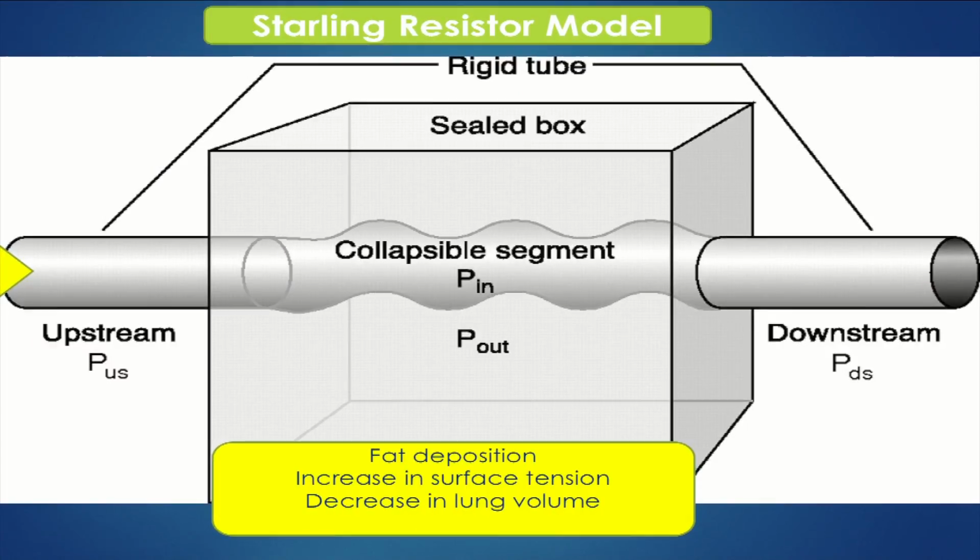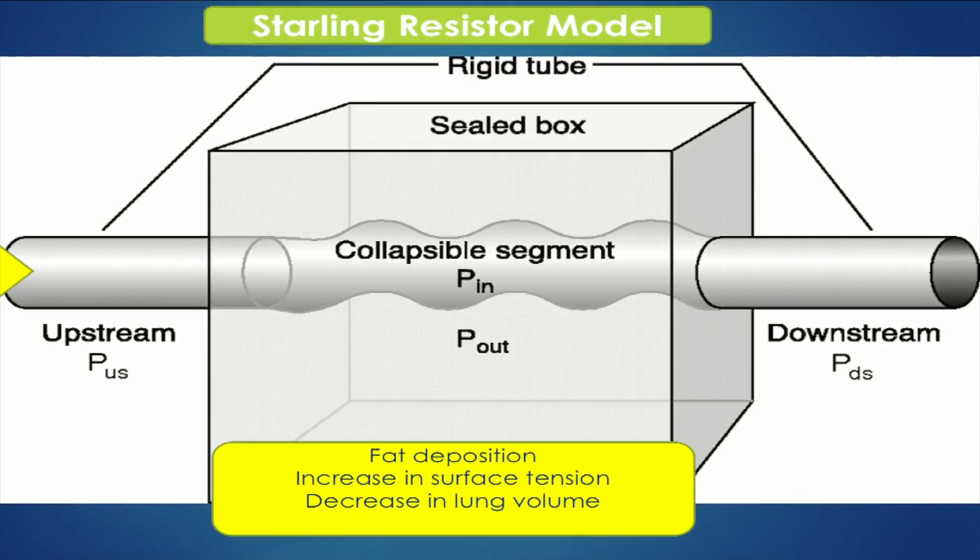This Starling resistor model is used to explain the dynamics of the upper airway during health and disease. The airway is thought of as having a collapsible segment that is flanked on either side by rigid segments. Collapsibility of the airway is influenced by the surrounding pressure gradients.